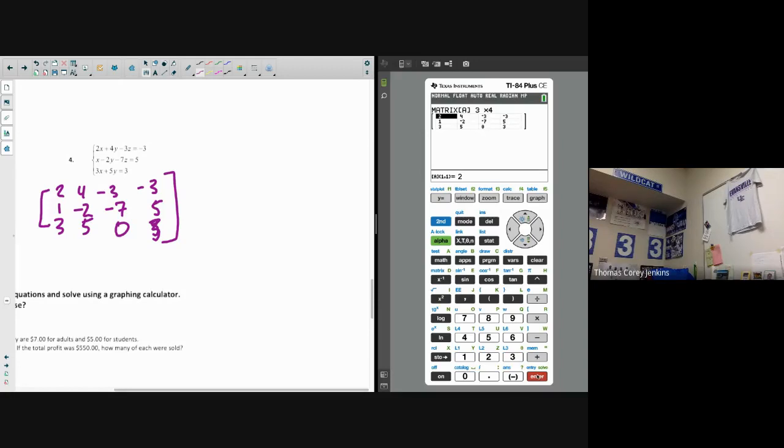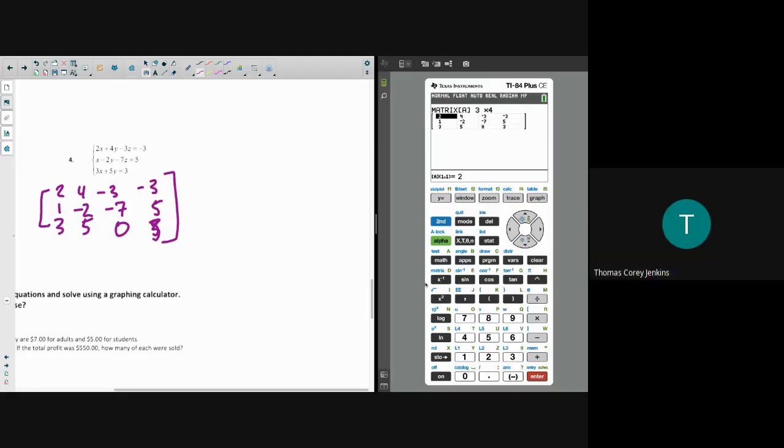All right, so now we have our matrix entered. So now we need to back out. This is an important step. Actually, let's see what happens if I just hit second and matrix again. So I guess you don't need to back out. So I guess I misspoke earlier. So disregard that previous statement. Now we want to go to math and RREF.